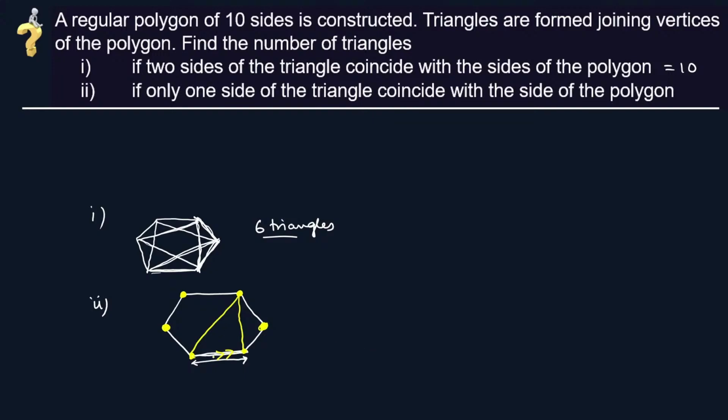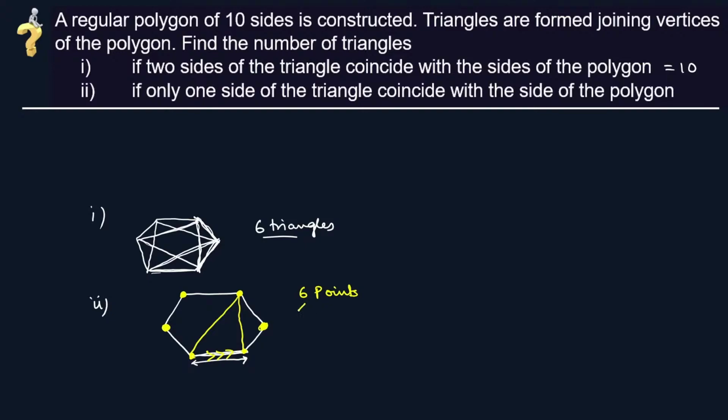So when we are considering this side, we have 6 points. But from these 6 points, we should eliminate 4 points. Why will we eliminate 4 points? Because none of these 4 points can be used to form the triangle. Otherwise, our condition will be violated.